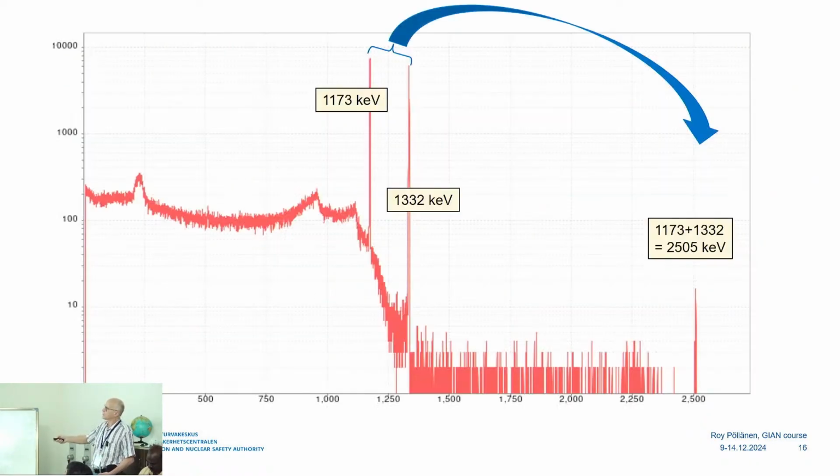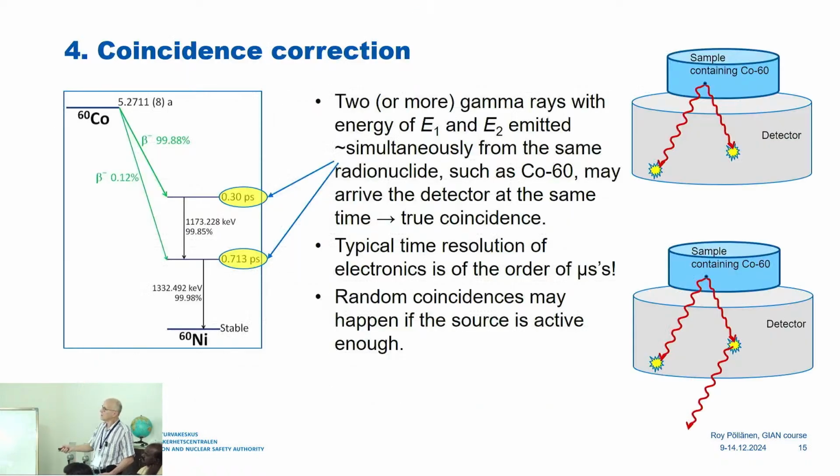So what happens is that the detector doesn't see that one, it doesn't see that one, it sees this one. 3 plus 1, 3, 3, 2 is this. Okay, it might happen like this also.